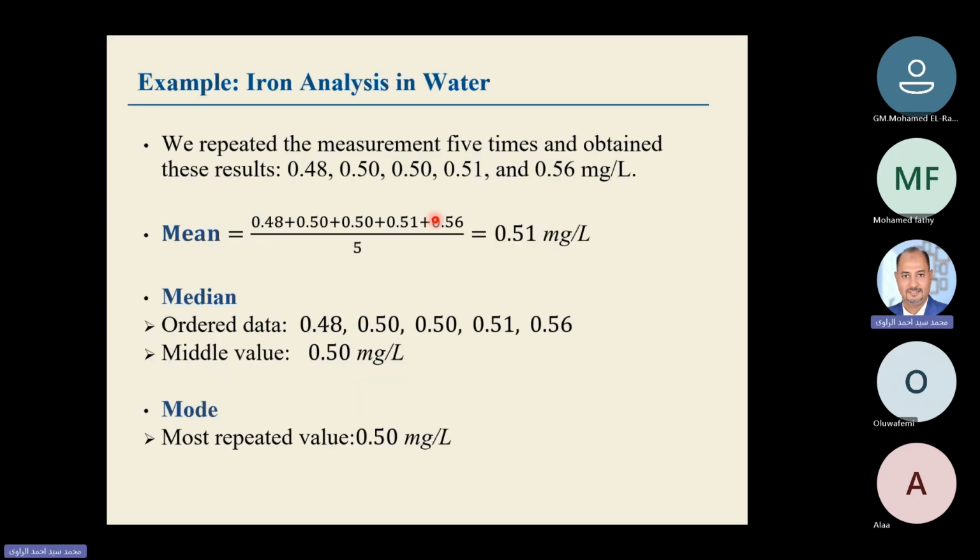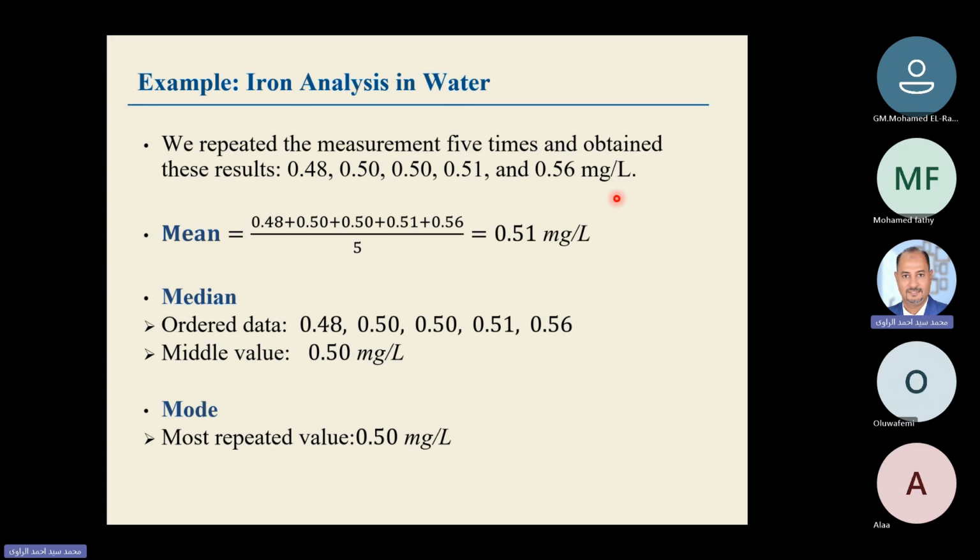So if we have a water sample and we want to determine the iron in this water sample, we repeated the measurement 5 times and obtained these results: 0.48, 0.50, 0.50, 0.51, and 0.56, for example, milligram per liter.